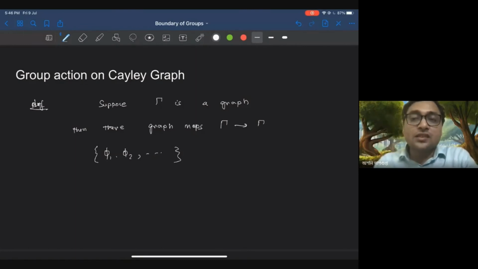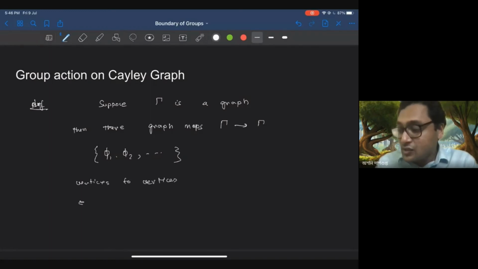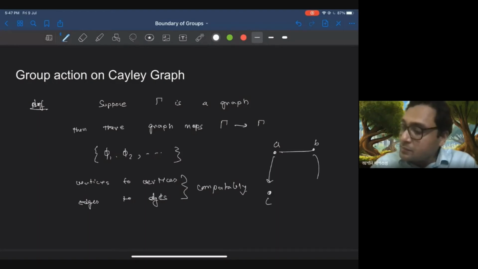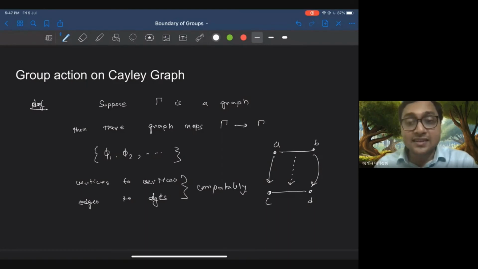They are mapping vertices of gamma to vertices of gamma, and edges to edges, compatibly. So basically, if A and B are two vertices, if A is mapped to C and B is mapped to D, then the edge AB is mapped to the edge connecting C and D. So the edges are mapped compatibly. Okay. All right. So vertices to vertices, edges to edges.